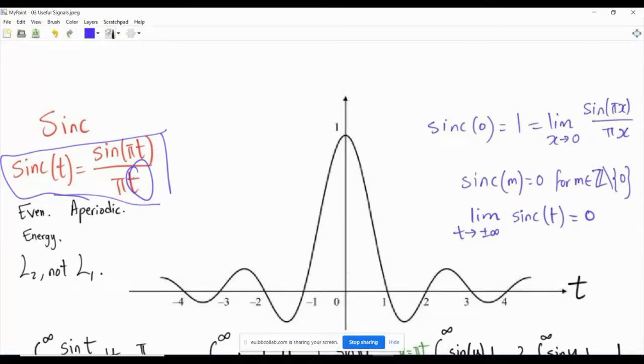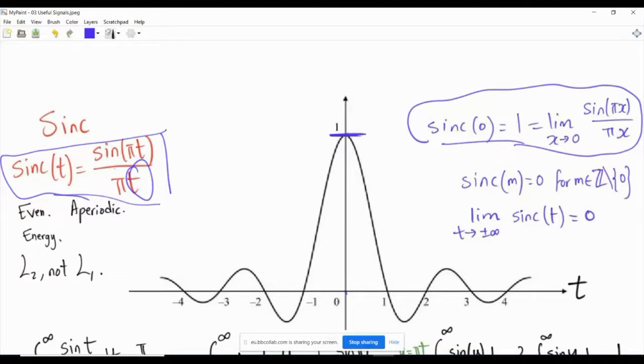And so what you can do is define the function's value at 0 to be the limit, which is equal to 1. So sinc of 0, by definition, we will take to be the limit as x goes to 0 of sine pi x over pi x, something you can easily do using L'Hopital's rule, and you will get a 1.